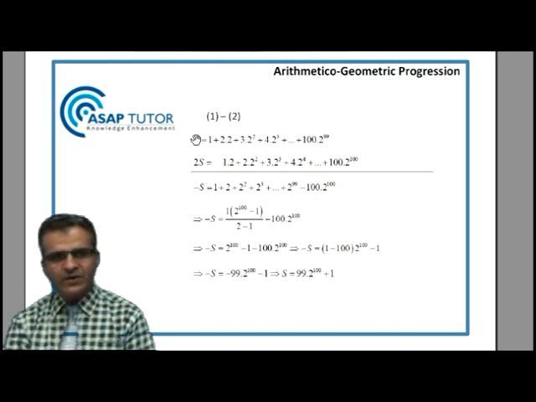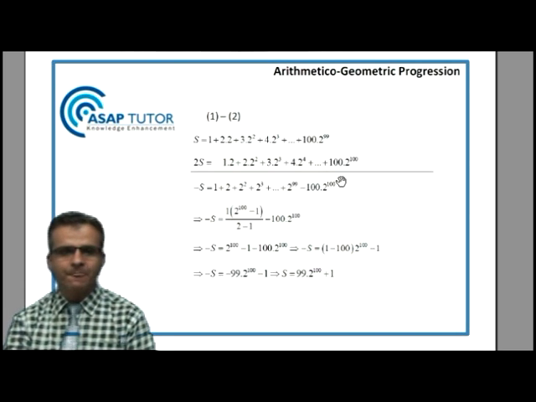So subtracting this we get s minus 2s: 1 minus this will be 0 because we have shifted it rightward, so 1 minus 0 is 0, 1 minus 0 is 1, 2 into 2 minus 1 into 2, so it will be 2, then 3 into 2 square minus 2 into 2 square, so 3 minus 2 is 1, so 2 square and so on, up to the last term, which will be left alone, so it will be minus 100 into 2 raised to 100.